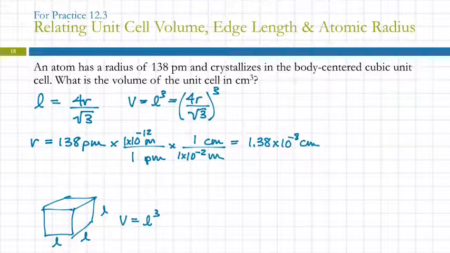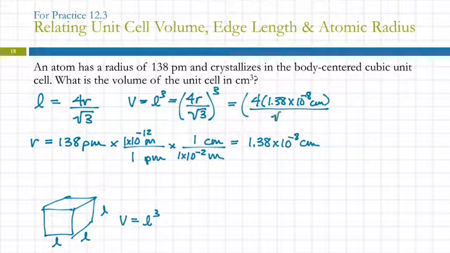So I can put that into my equation. 4 times 1.38 times 10 to the minus 8 centimeters divided by the square root of 3, and that whole thing raised to the third power.